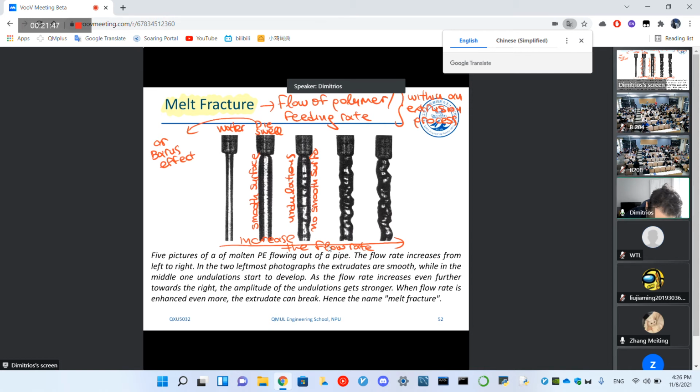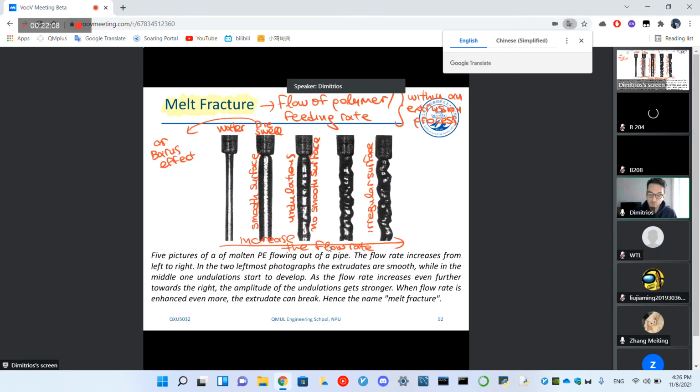So we end up having completely irregular flow, but also sometimes it stops because the area here can become blocked because of excess material.